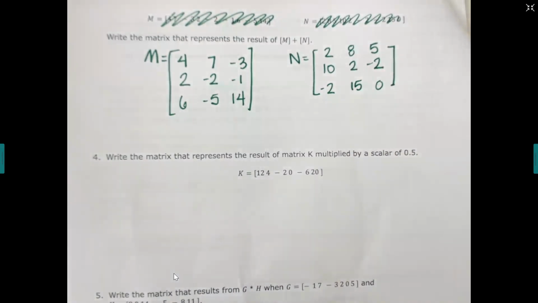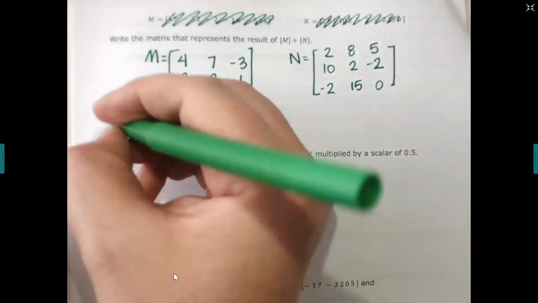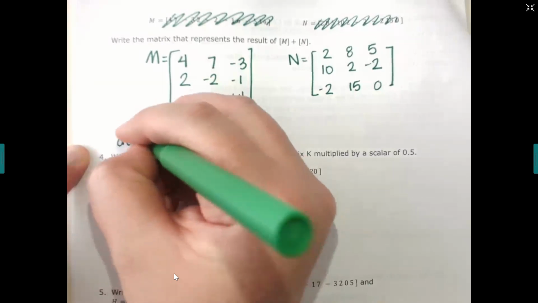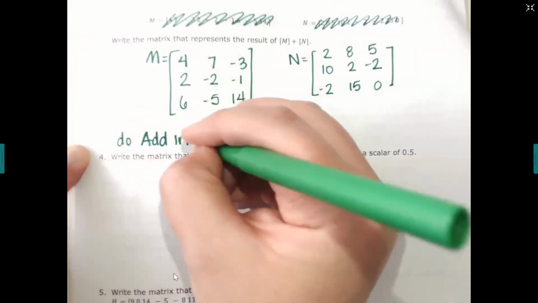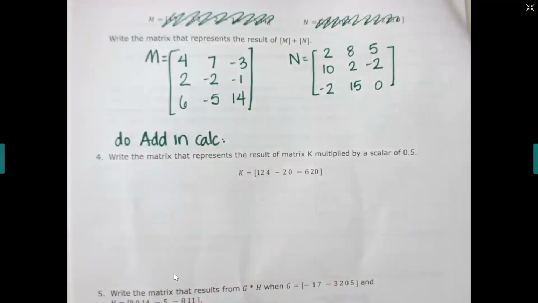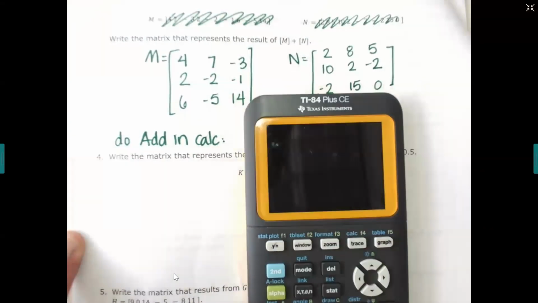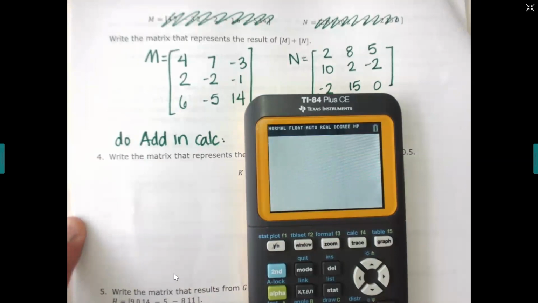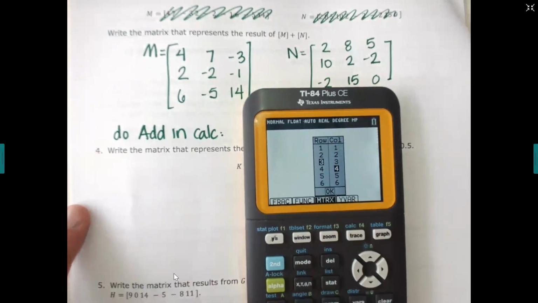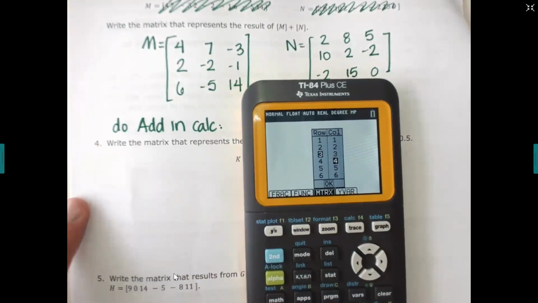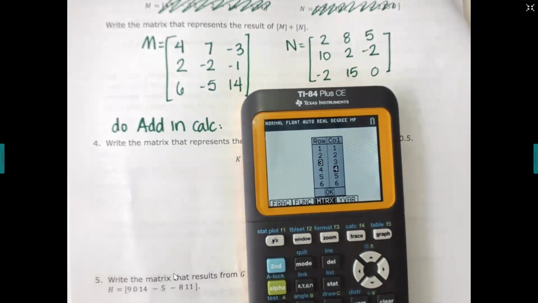Okay, in your calculator, so I'm gonna put here, add in calculator. So watch how we do it. Remember that to pull up a matrix in the calculator, you push alpha zoom. But then you have to set the size before you can type in the numbers. So for example, if I want to do M, how many rows? 3.